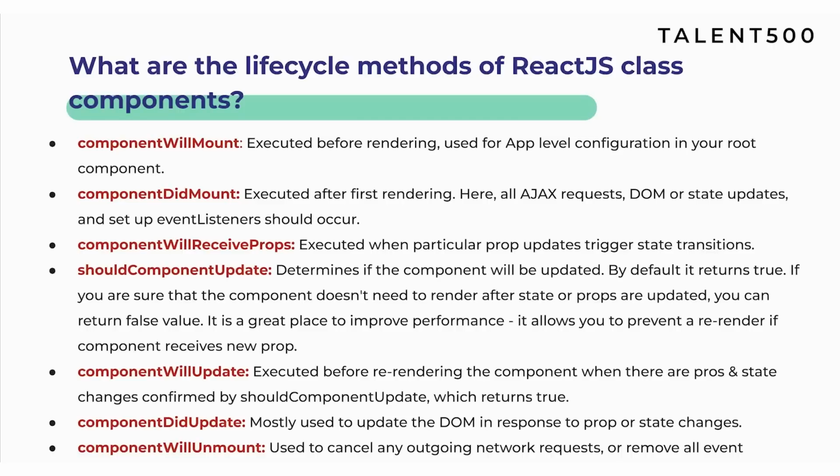Then comes the final one, which is componentWillUnmount. It is used to cancel any ongoing network request and remove all event listeners associated with the component. So it basically clears everything which is ongoing: the network requests, and it removes all the listeners attached to that particular component.